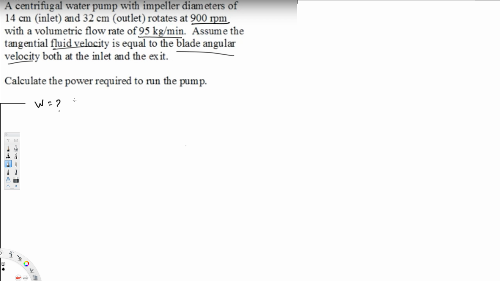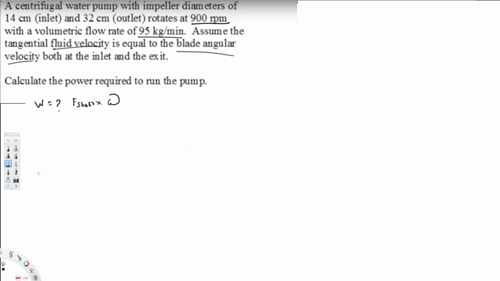So this one can be calculated by calculating the work done by the shaft multiplied by the angular rotational speed. So that's going to be omega. Omega we already know, but we have to find the shaft.